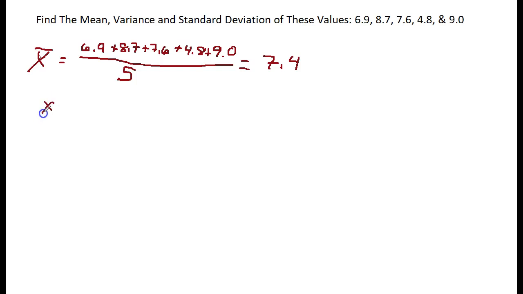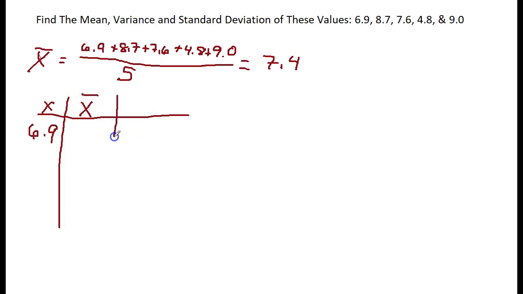Alright, here's our x value, which is 6.9, and the mean, x bar, is 7.4. Next item in our table, we have x minus x bar. If we take 6.9 minus 7.4, we get negative 0.5.